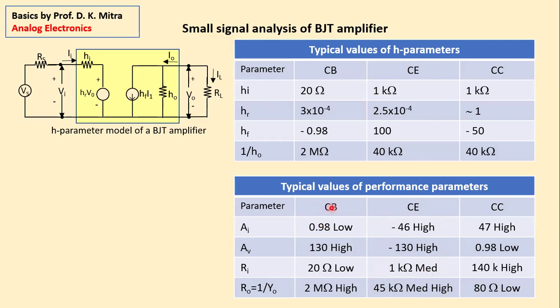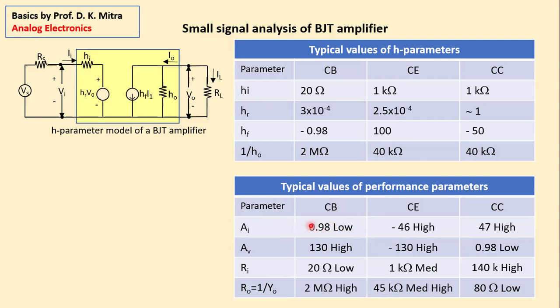But in common base mode, there are common base amplifiers also, although in practice, very small use. In common base mode, current gain is low, less than 1, because common base current gain is alpha, which is 0.9899, something like this.